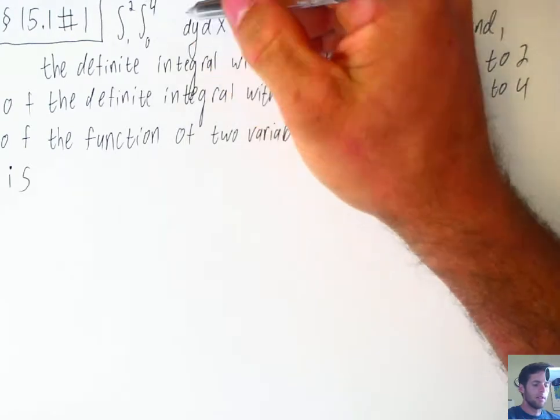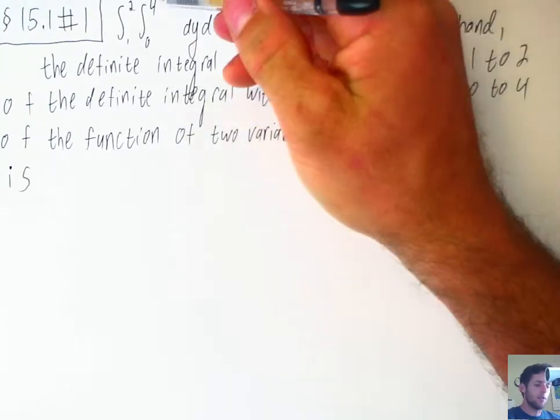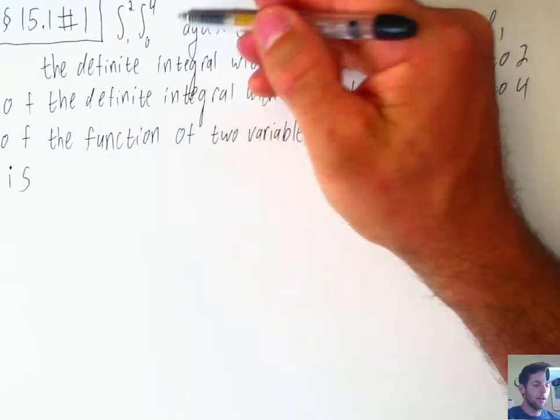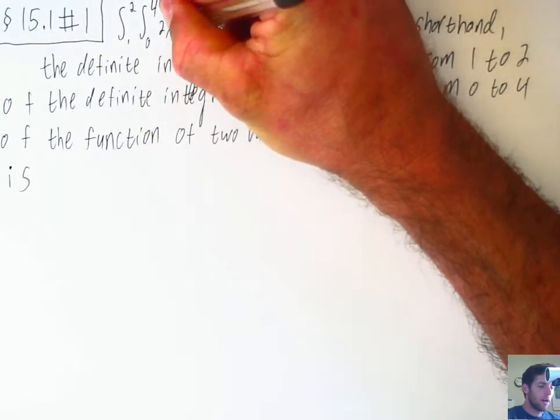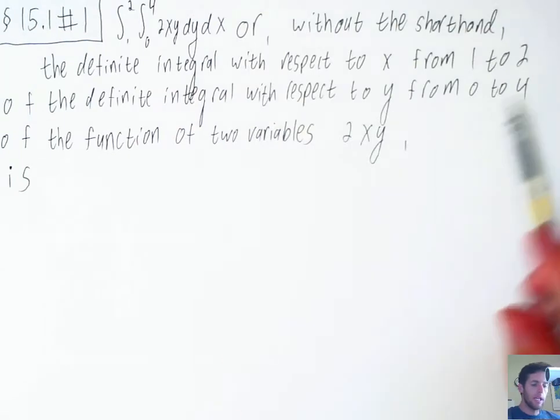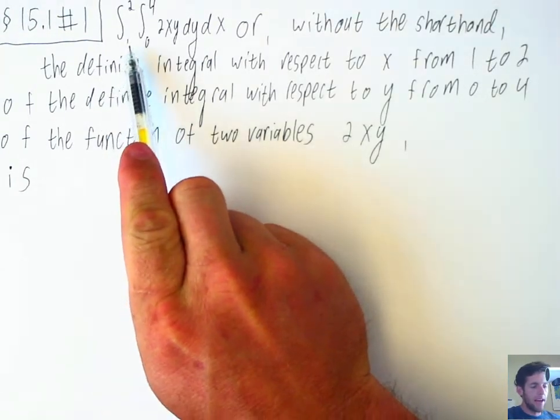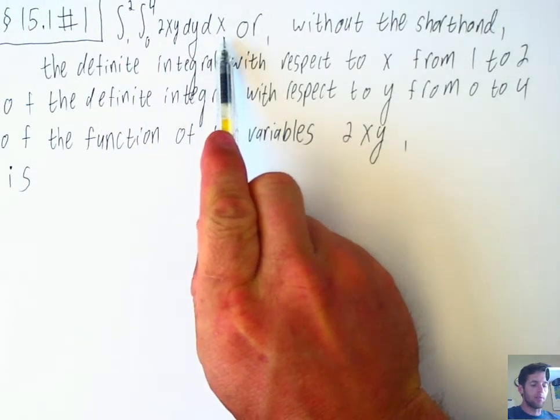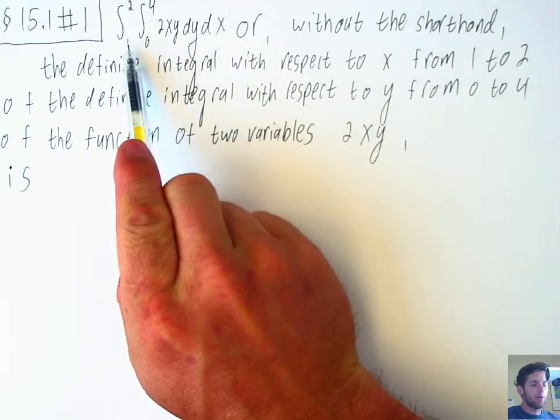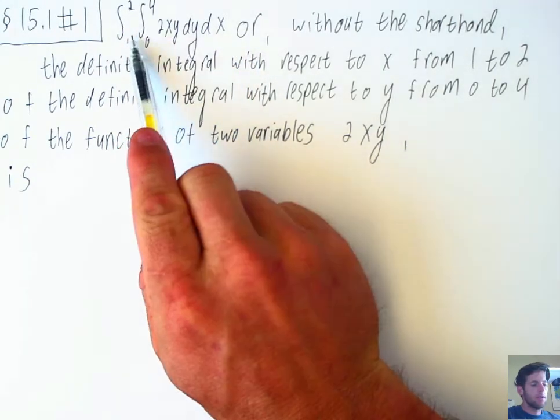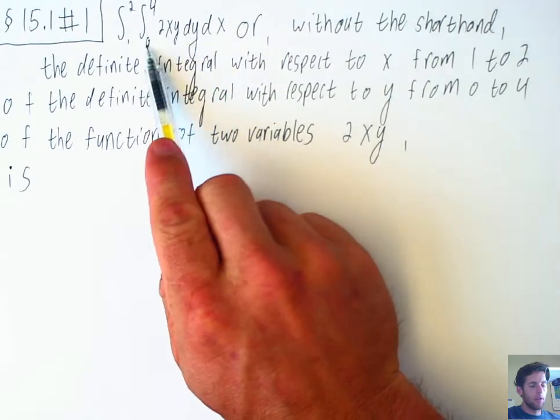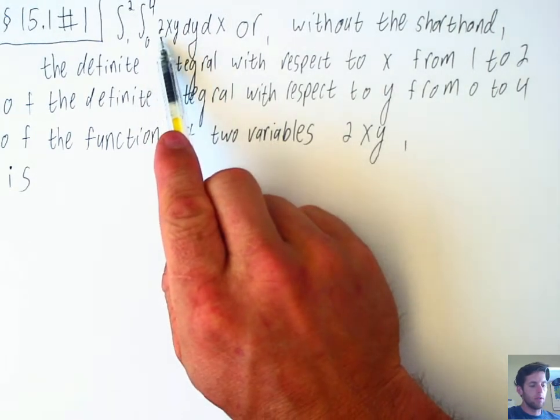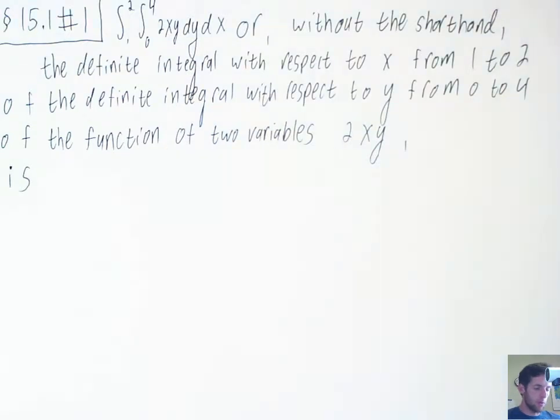Now, that inside integrand is an integral whose integrand right there is the function of two variables 2xy. Okay, so that's to point out that the way that you can read this combination of symbols is the definite integral with respect to x from 1 to 2 of the definite integral with respect to y from 0 to 4 of 2xy, which is a function of two variables.